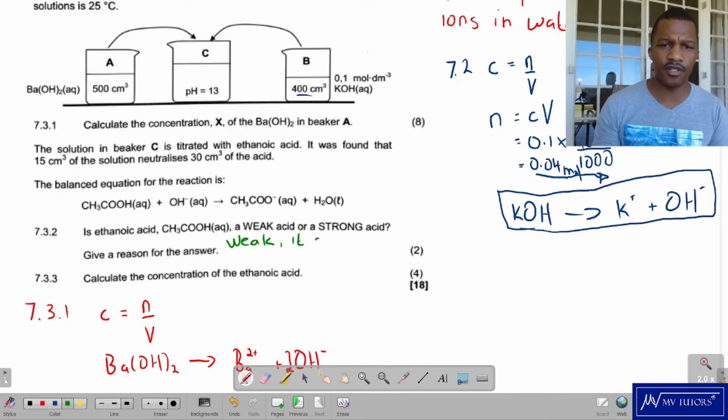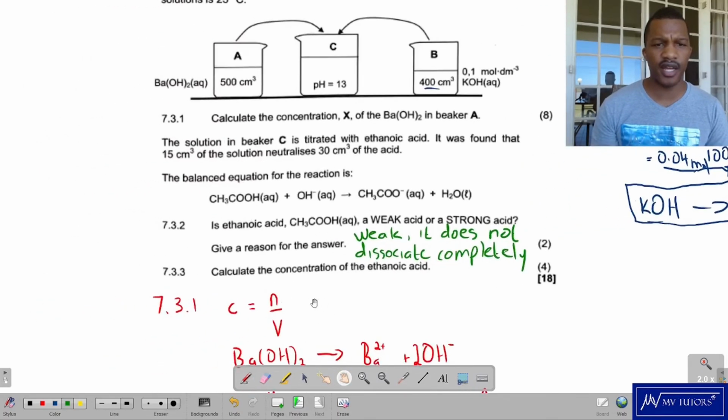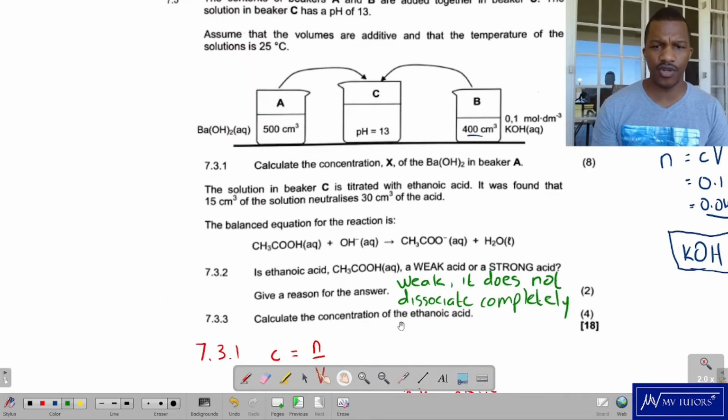It does not dissociate completely. If it was a strong acid, it would dissociate completely by definition. Then the last question here says calculate the concentration of ethanoic acid.